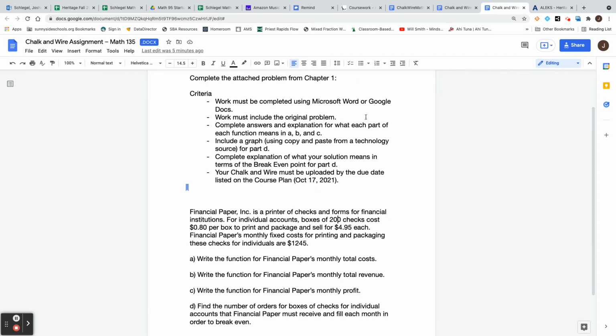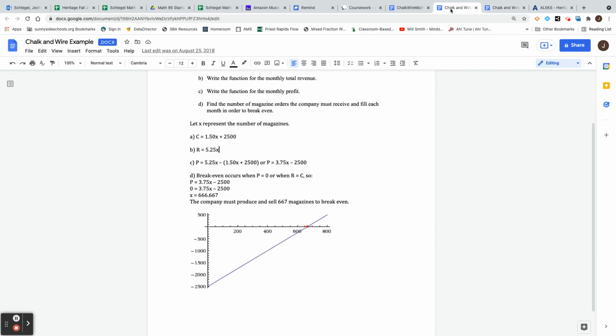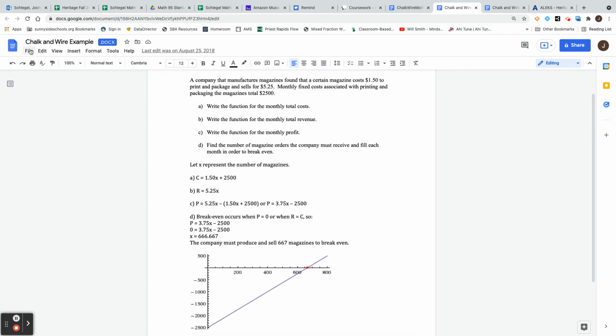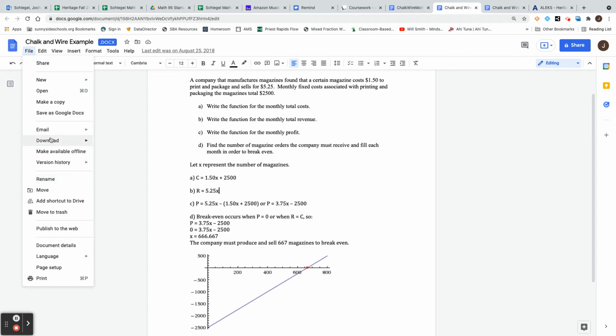So with that, I believe if you do a Google Doc, you'll need to export it as a PDF. And so I'll demonstrate how to do that really quickly. Let's say that I've completed my work. I need to save file, download as a PDF, and then I would have something that I would be able to upload to Chalk and Wire.